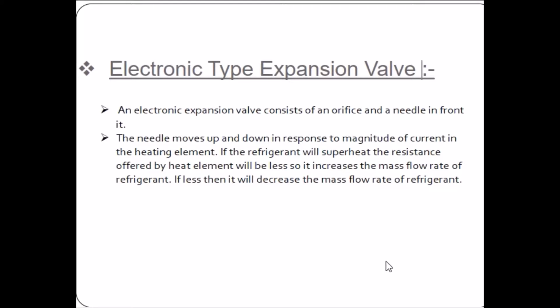So we control the pressure by an electronic system. And then the needle moves up and down in response to the magnitude of current in the heating element. So actually, the valve is controlled by the heating element. So we use a heating element inside the expansion valve.